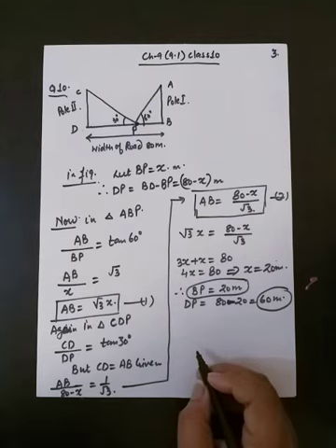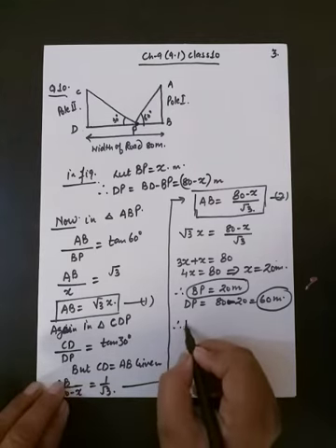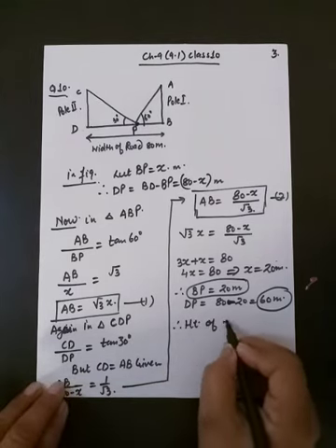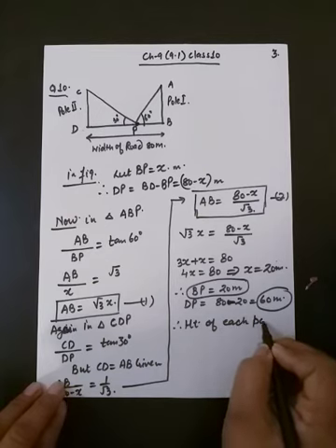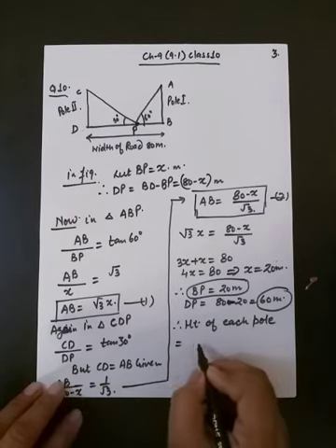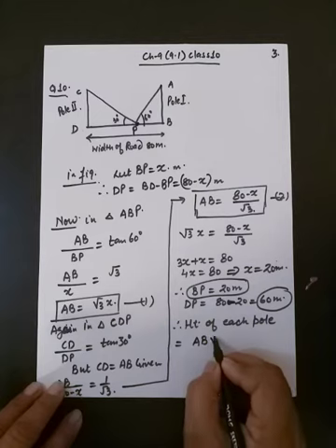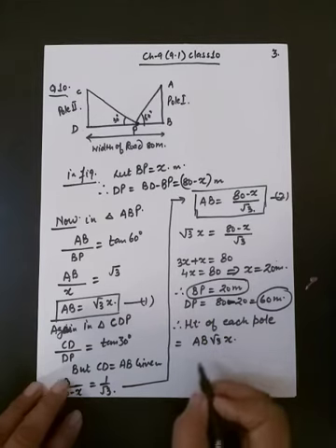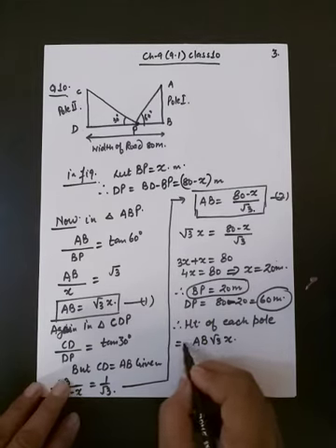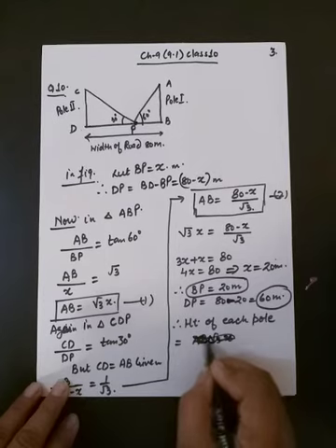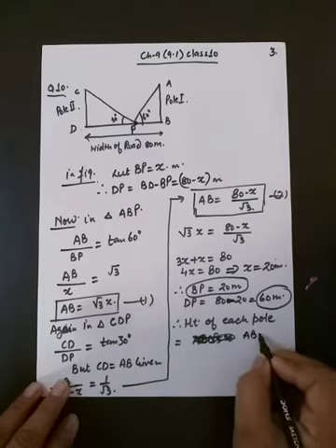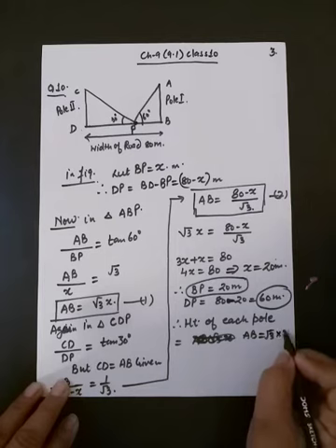Now we have to find the height of the pole. So the height of each pole is equal to AB. AB is equal to √3 into x from equation 1.